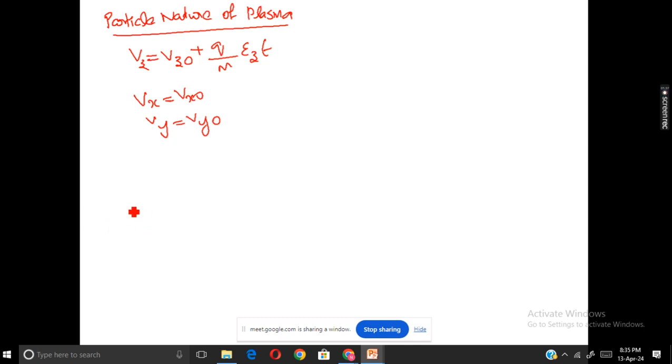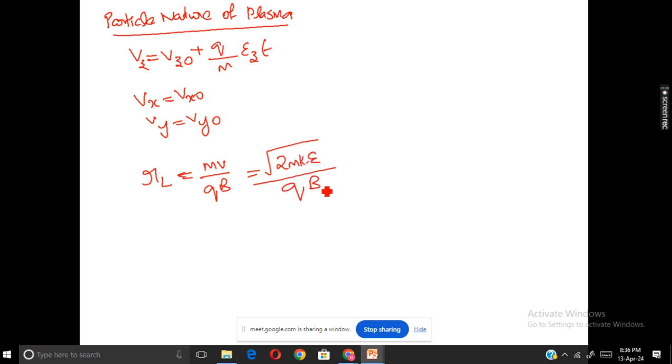The radius of gyration during the circular motion is given by r_L equal to mv by qB, or in terms of kinetic energy, we found it as root of 2m times kinetic energy by qB.